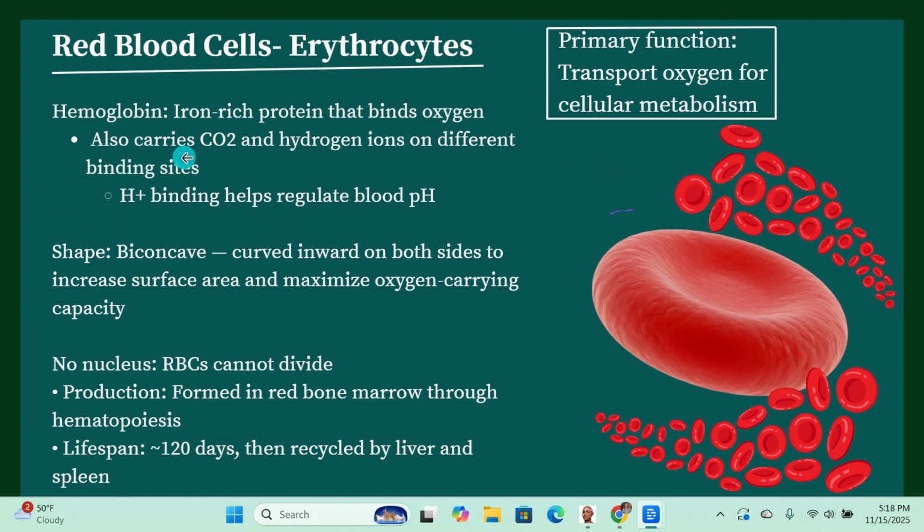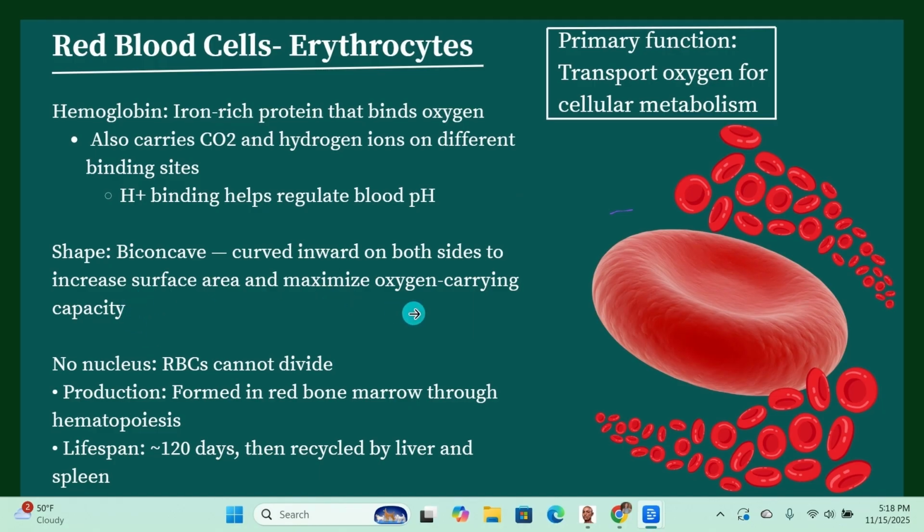It also carries carbon dioxide and hydrogen ions on a different binding site. The hydrogen ion has to attach to the oxygen binding site only when the oxygen has been released. And that's what helps to regulate the pH of our blood, is having those hydrogens attached to red blood cells.